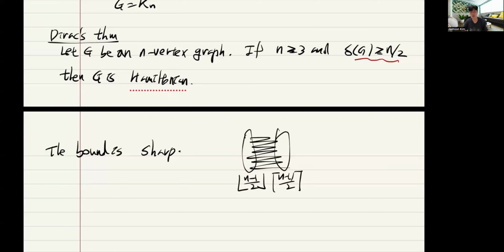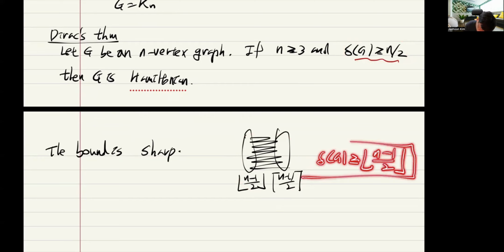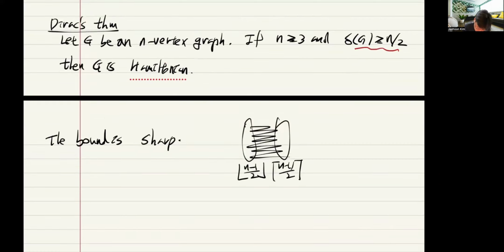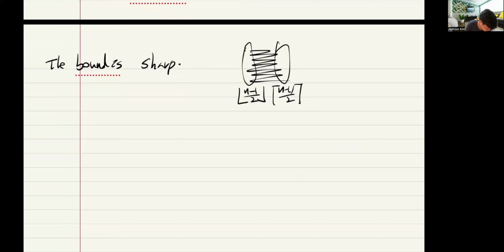Then this does not contain a Hamilton cycle. And this almost satisfies the condition, as its minimum degree is n minus 1 over 2 floor. A very small amount shy of this bound. Okay, so we want to prove this.